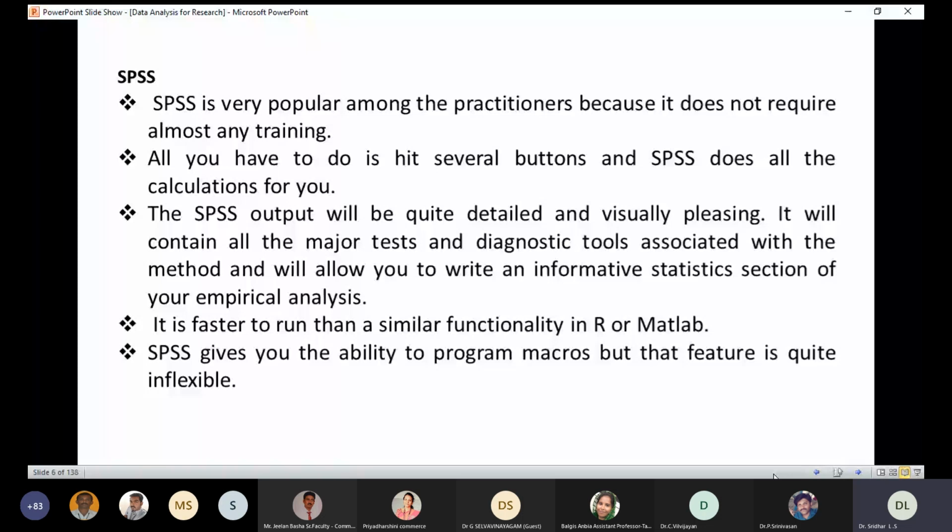So it is very important how you draw inferences about the population from the sample.